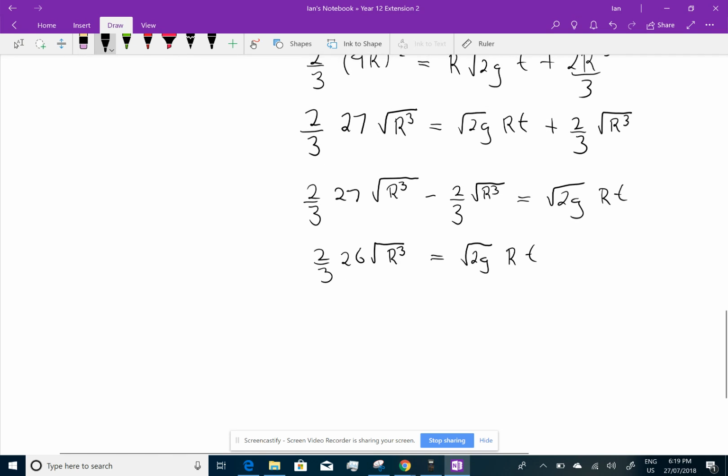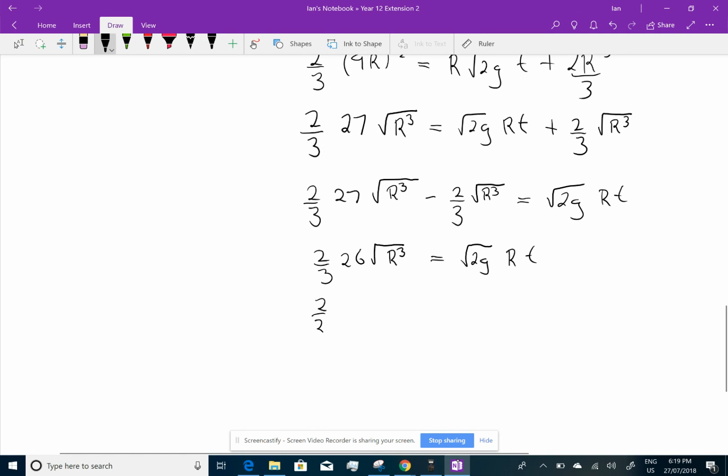So let's write this a bit. 2/3 26. Let's take the r squared out of there, which will be r, and we've got root r equals root 2g r times t. Hey, divide by r, that gets rid of that. So we're nearly there.